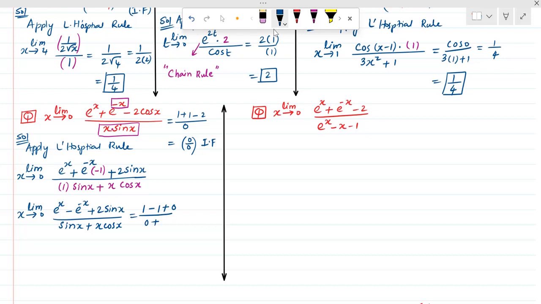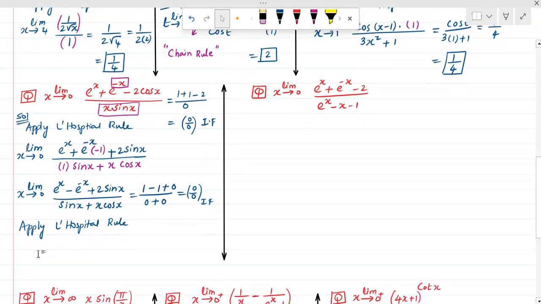Along with the cosine 0 you will have x, therefore it is 0. So you will get 0 over 0 again. So you have to apply one more time the L'Hopital rule. Repeat the process until you get a finite answer. This is the idea of the L'Hopital rule. So you have to differentiate continuously until you get the final answer.